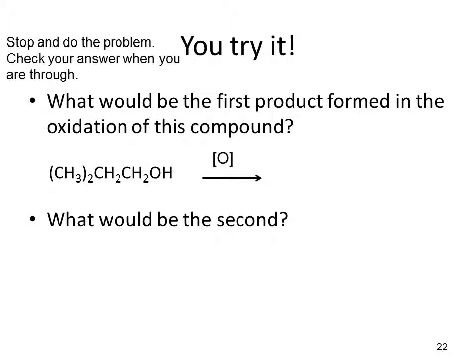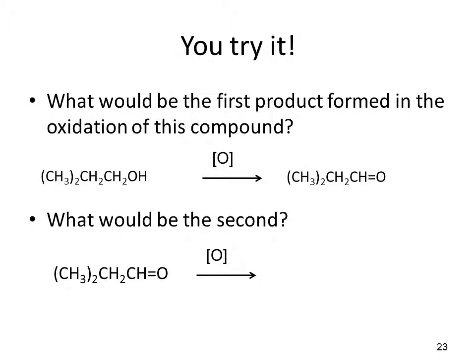Go ahead and pause the lecture and try to do the oxidation of this compound, the first and the second product oxidation. For the first step of oxidation of this alcohol, you would form an aldehyde.